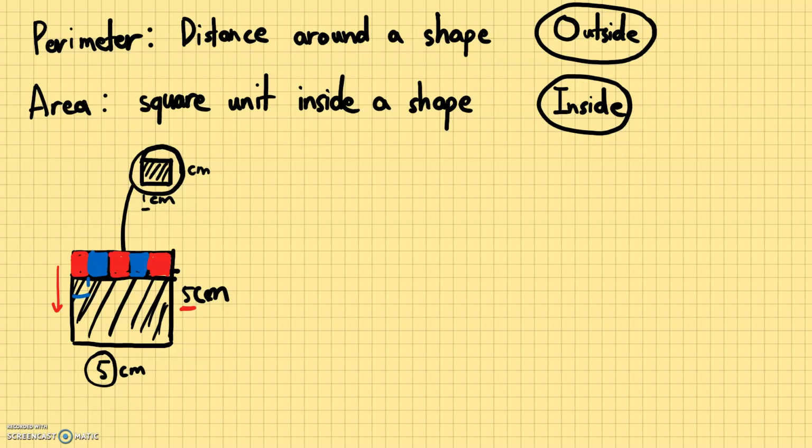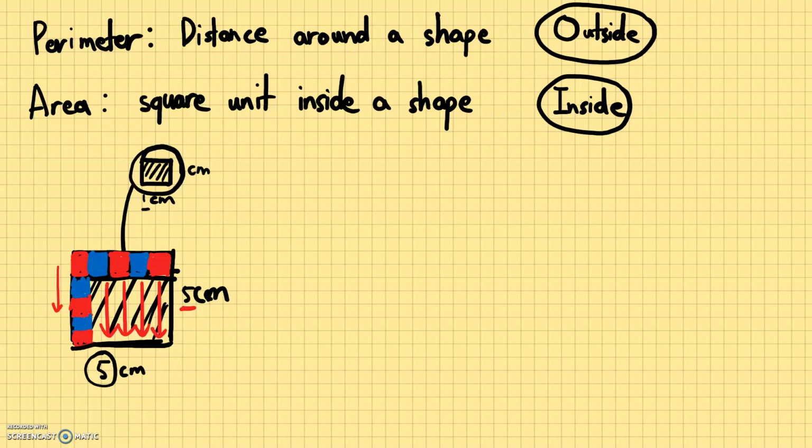So we put 1, 2, 3, 4, 5. Now, they don't look even, but they should be even. Okay, so if I fill each of these rows with squares as well, how many of the squares can I put inside?